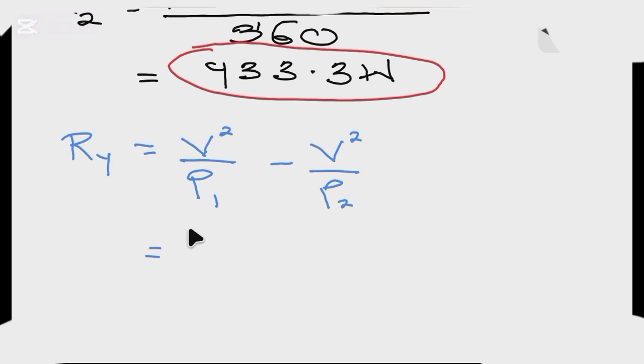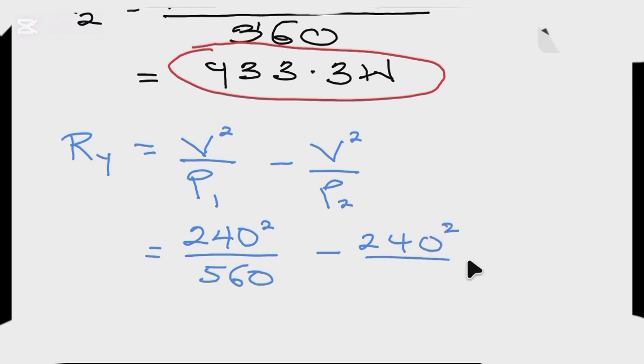The voltage supply was 240, and then I square it, all divided by my P1, which is 560 watts, minus 240 squared divided by 933.3 watts.